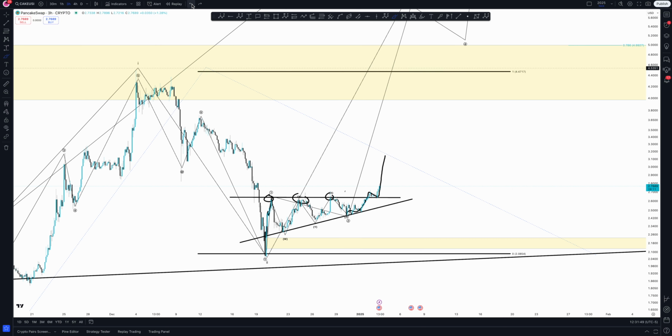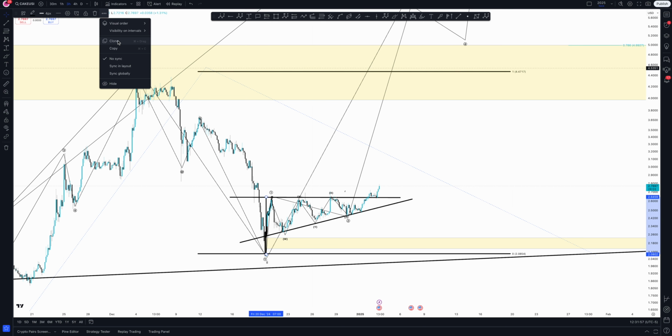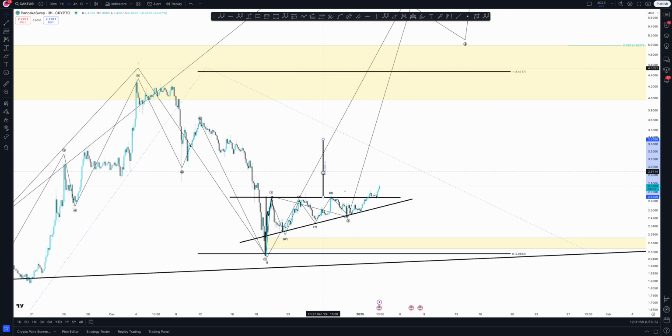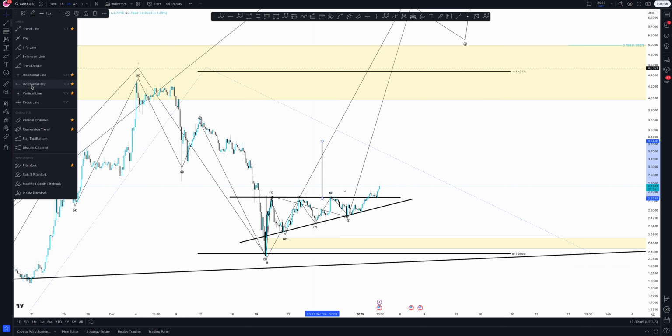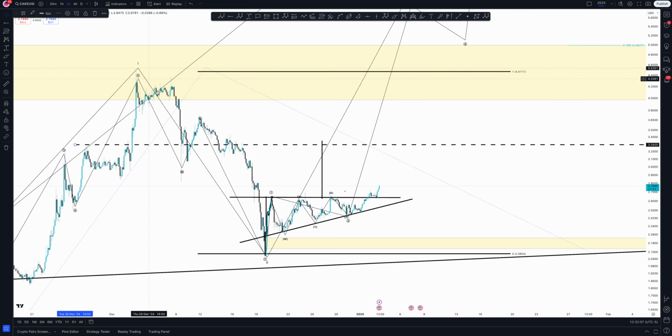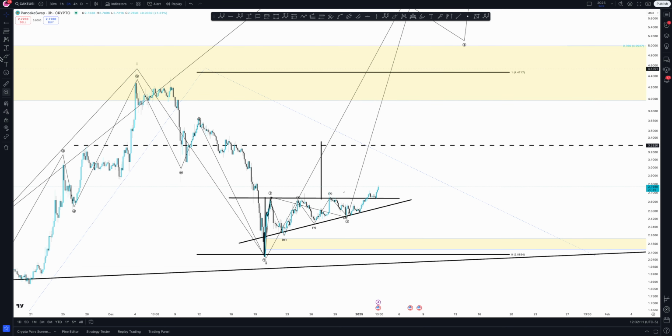Okay, so the next target over here would be the technical target of this ascending triangle, which would be sitting at around the $3.34 region, which would also be the equilibrium of this interim downtrend. Okay?